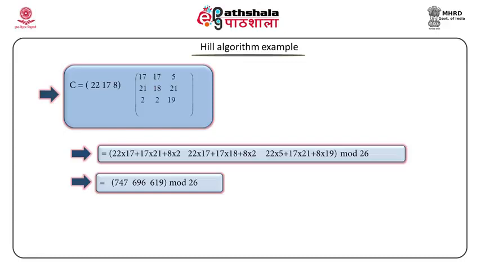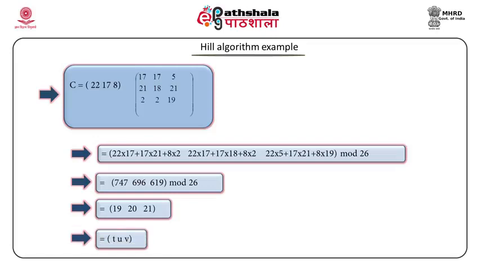Those values are greater than 25, so take modulo 26 and you will get 19, 20 and 21. That gives us the characters T, U and V. So, we started with W, R, I and the ciphertext corresponding to that is T, U and V.